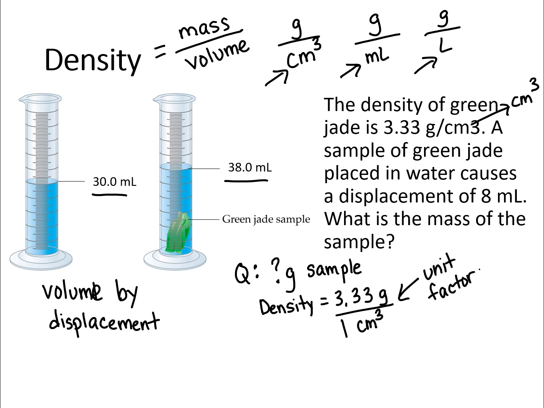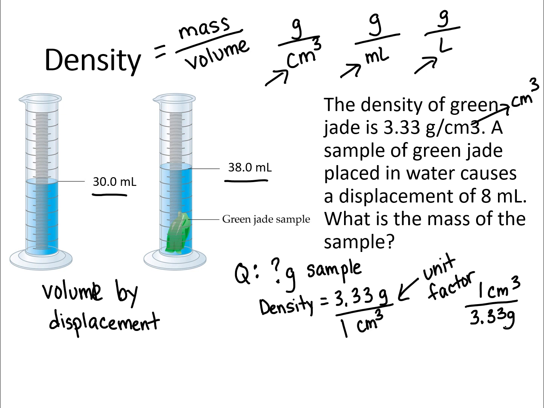Densities can be used as unit factors just like percentages can be. And that means that you can flip this and say 1 centimeter cubed over 3.33 grams. Okay? So that's how you can use density to solve a problem. You can write it as a unit factor.